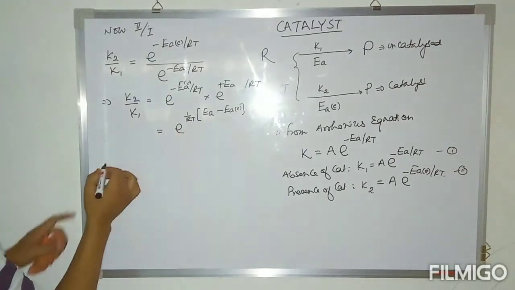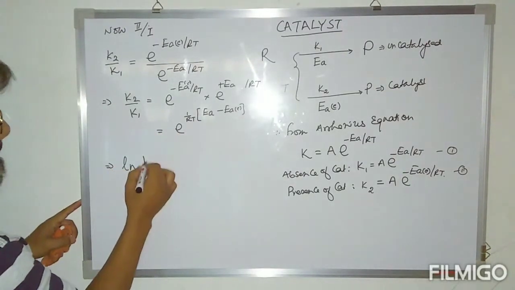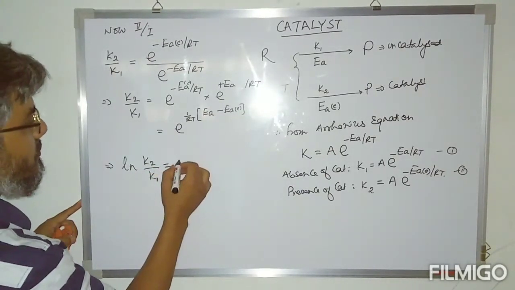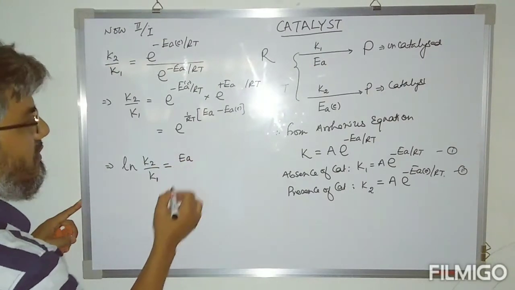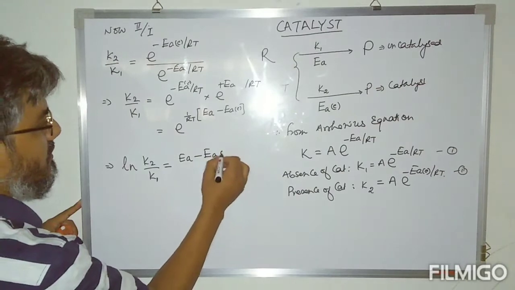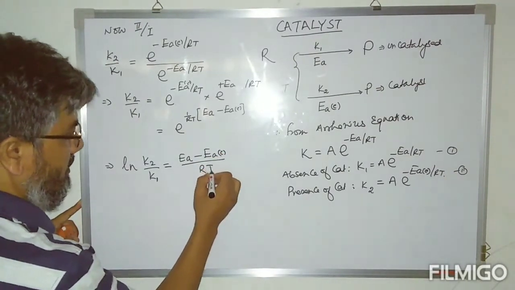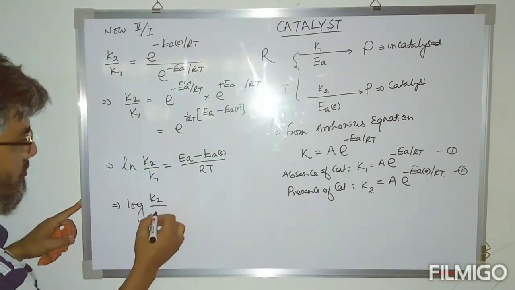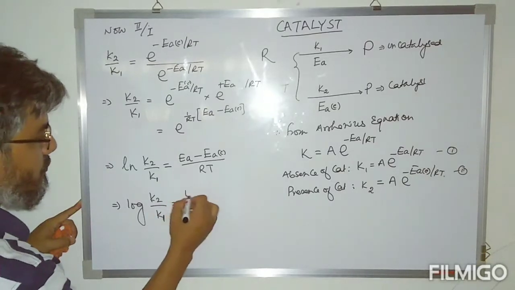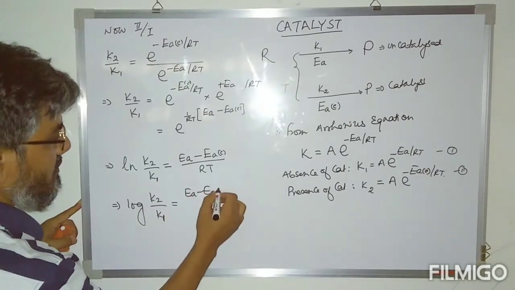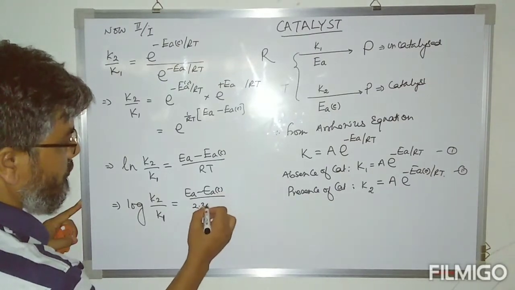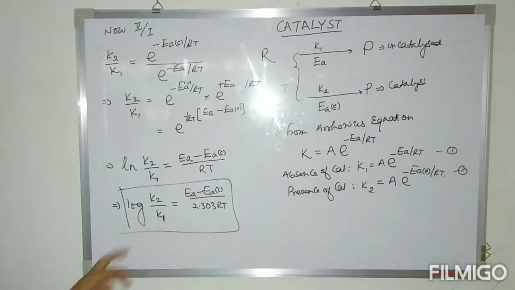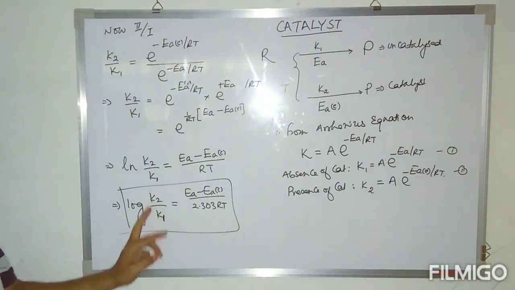So taking the logarithm of this equation, we have ln K2 by K1 is equal to EA minus EAC by RT, or we can say log of K2 by K1 is equal to EA minus EAC by 2.303 RT.